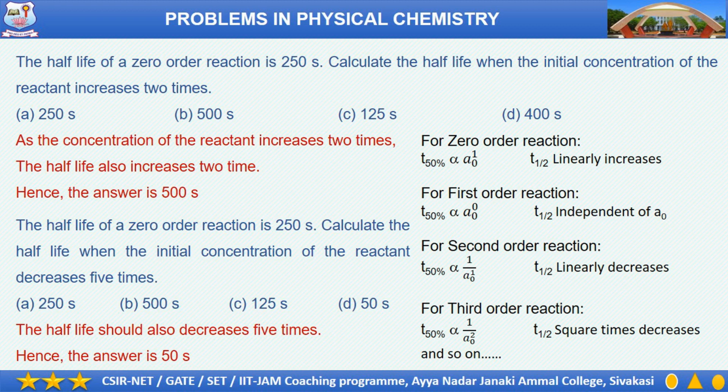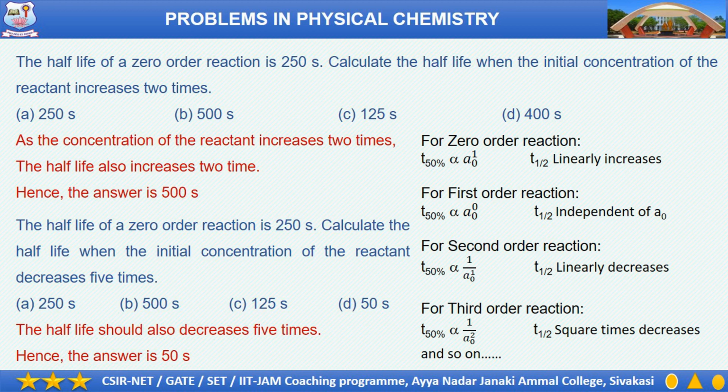Proportionality increase. What have they given? Half-life of a zeroth order reaction is 250 seconds. Calculate its half-life when the initial concentration of the reactant increases 2 times. Has the initial concentration increased 2 times? Then what will T half become, as we have said?